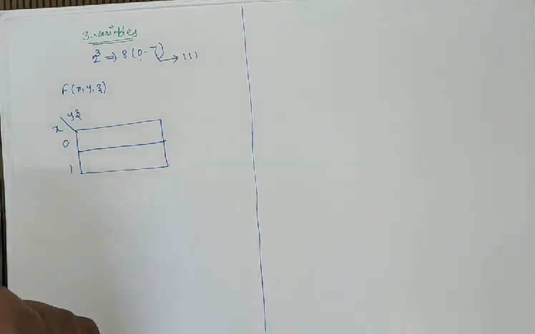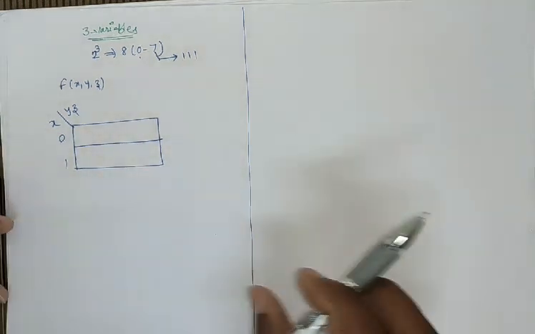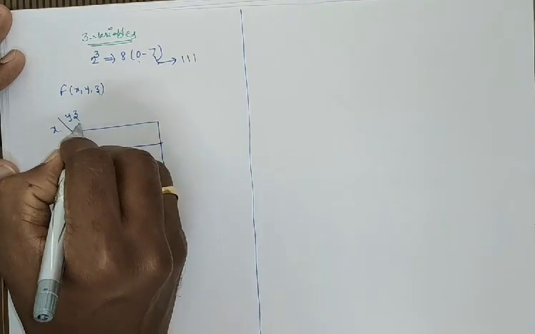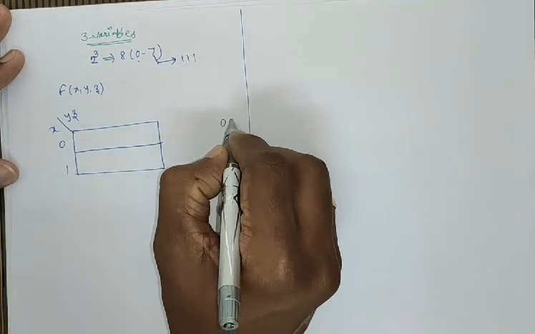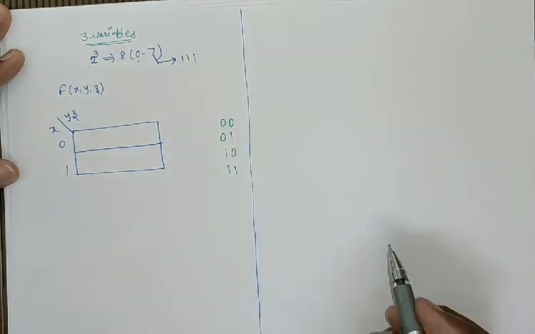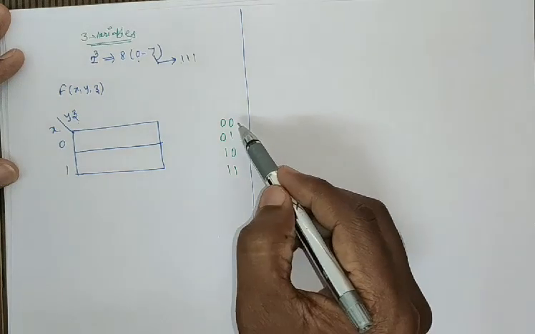Now yz is 2 variables. How to represent them? The possible combinations in 2 bits are 00, 01, 10 and 11.